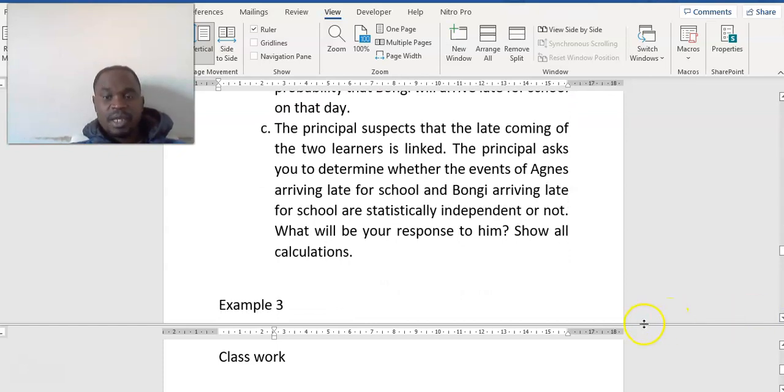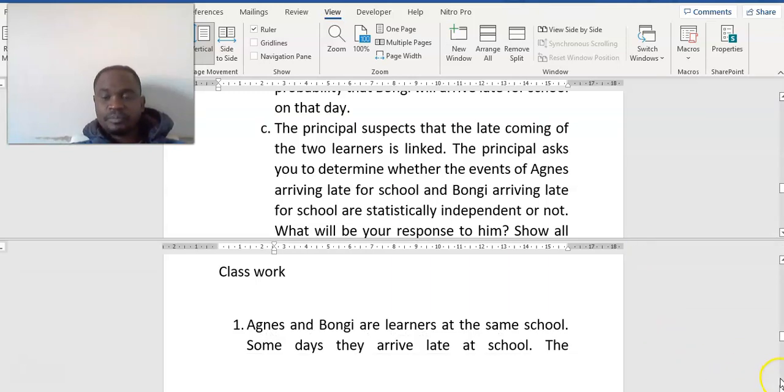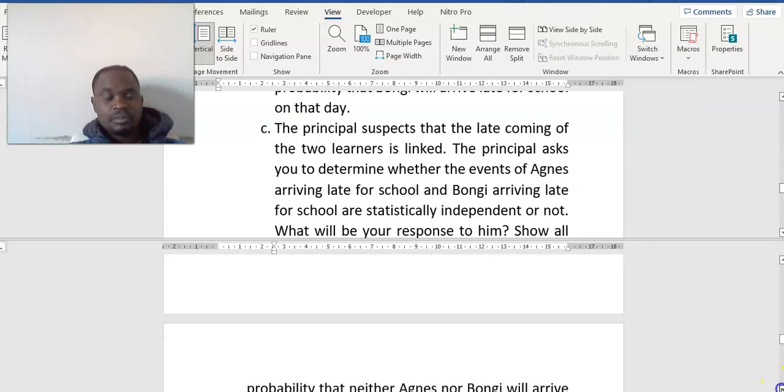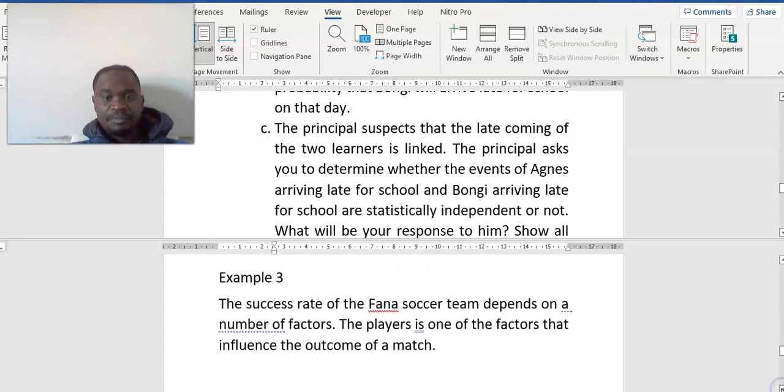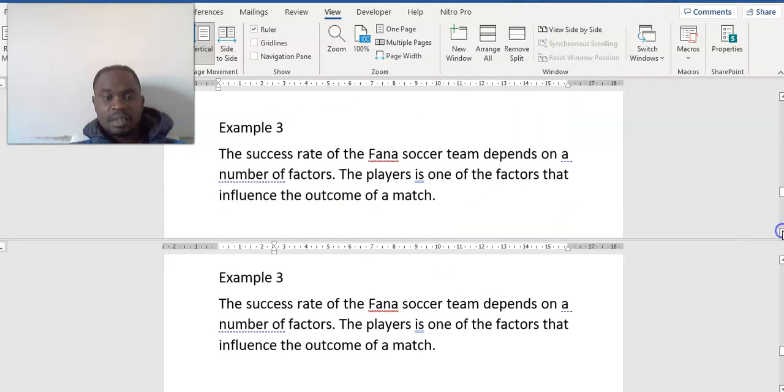Okay, let's look at example 3. It says the success rate of the Bafana soccer team depends on a number of factors.